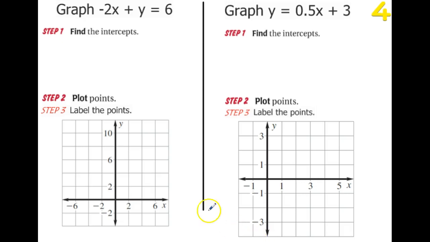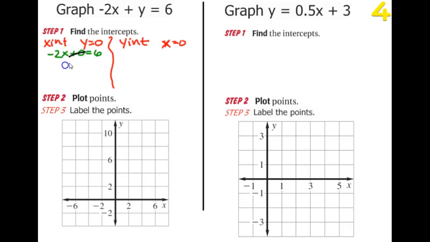Now we have two where we have to find the intercepts, just like we did, and then plot the points to graph. So first I'm going to find my x-intercept and my y-intercept. My x-intercept, y would be 0. My y-intercept, x is 0. Remember, it's opposite of each other. So first, if y is 0, we have negative 2x plus 0 equals 6.